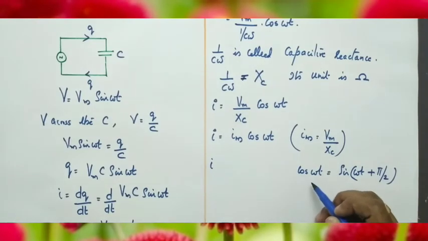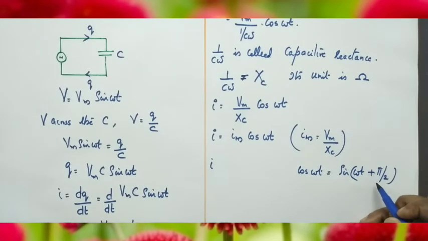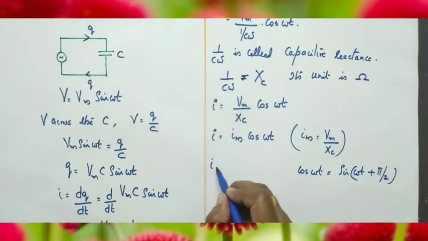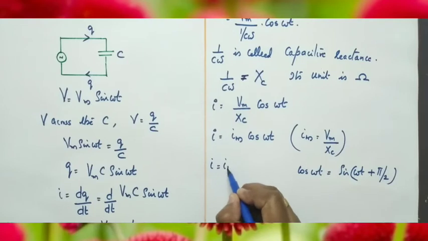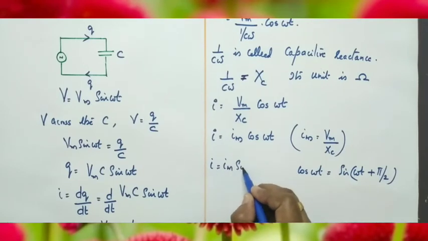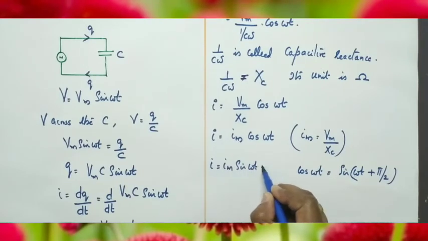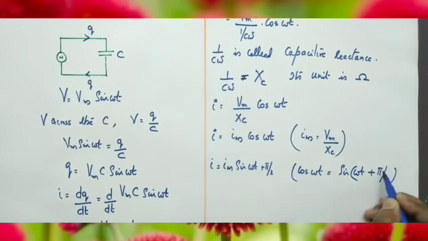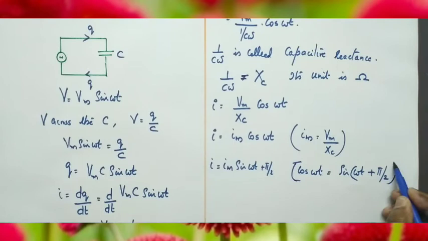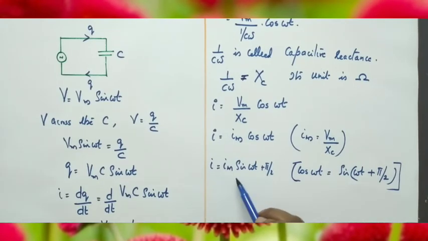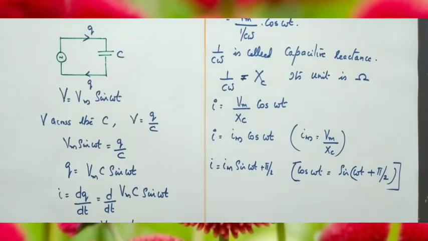Similarly, cos omega t is sine omega t plus pi by 2. So using this we can write I equal to Im cos omega t is sine omega t plus pi by 2. Clear children? So I equal to Im sine omega t plus pi by 2.